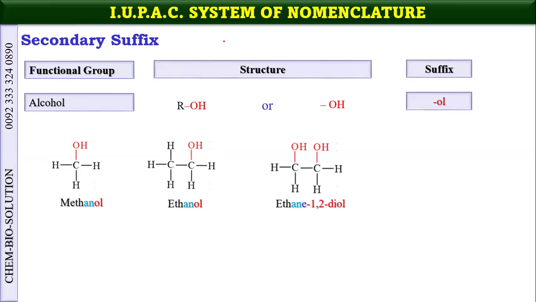It is possible that two OH can be on the same carbon atom. So the name of this compound would be ethane-1,1-diol.